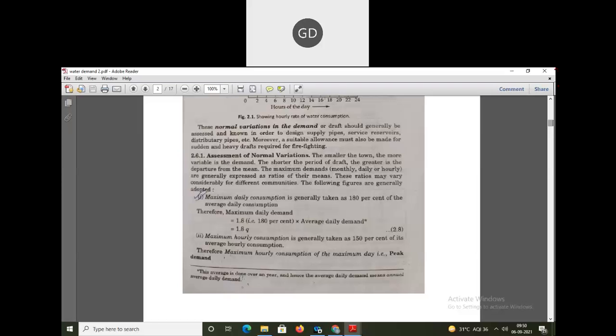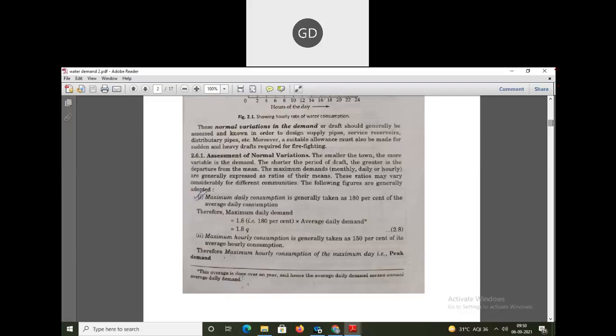This is because you have to design the water supply scheme. When you design a pipe and all these things, you have to know all the variations that are occurring. So we have some different kinds of figures which are adopted for all these variations.